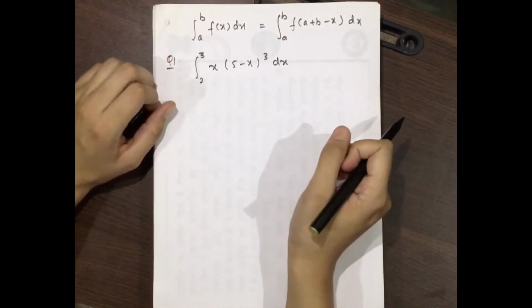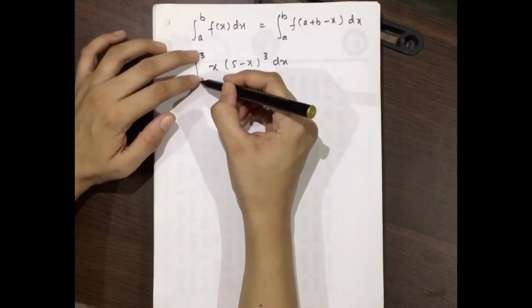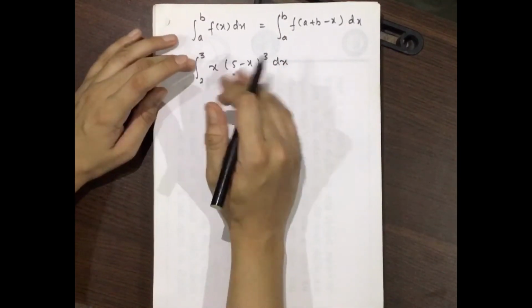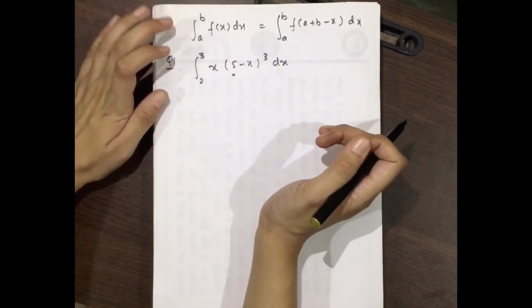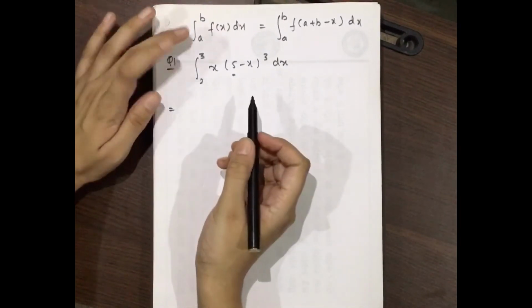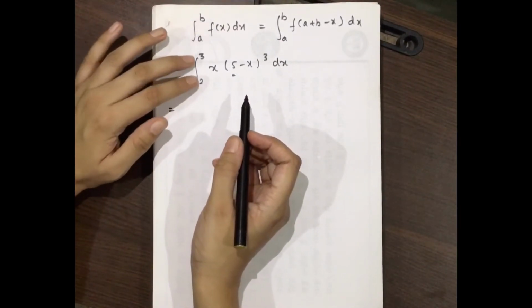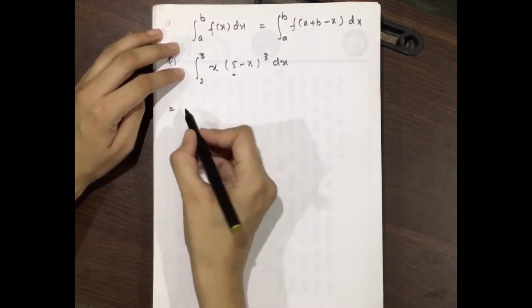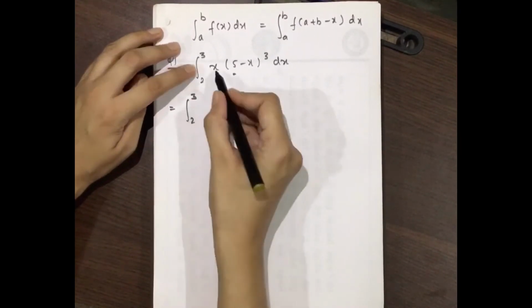So here, to check whether this formula is applicable, we check the limit. It is 2 to 3 and a + b, that is 5, is already there. So we can easily apply this formula. So what we get is, x is converted into a + b - x, that is x is converted to 5 - x.